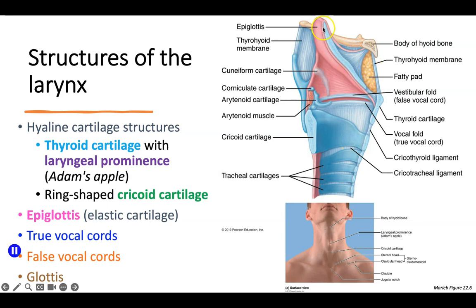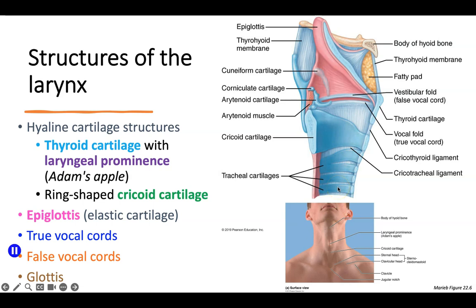Additionally, you can see up here at the top is the epiglottis. This is another structure made of elastic cartilage, and it closes when swallowing to help protect the trachea from any food or drink. That keeps the food or drink out of the lungs, which are at the other end of this trachea.